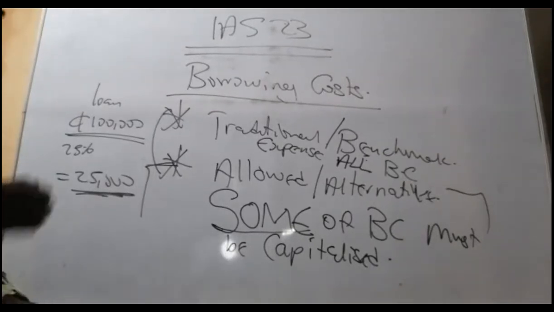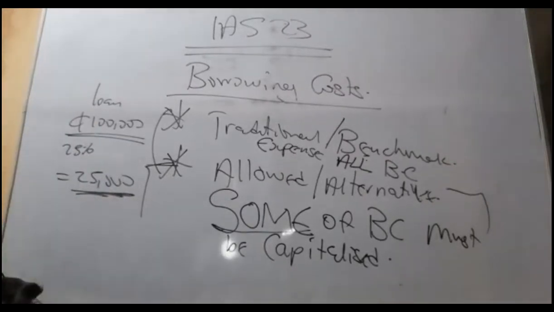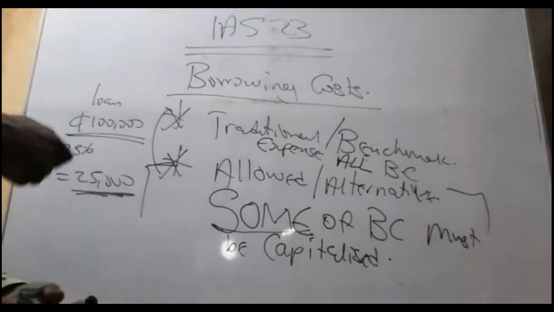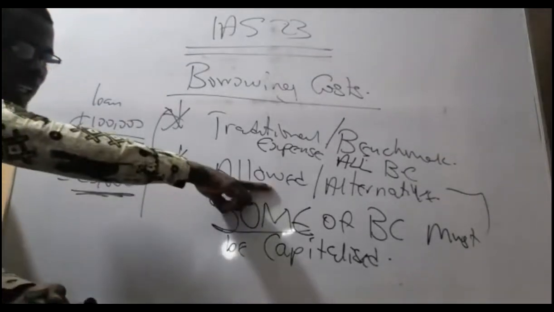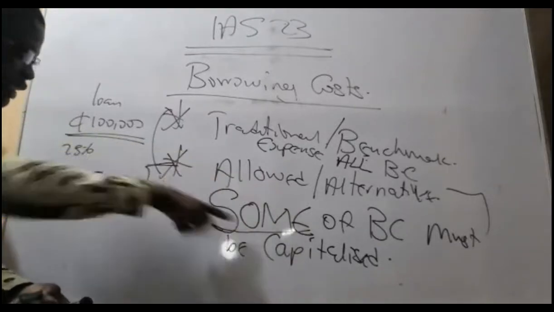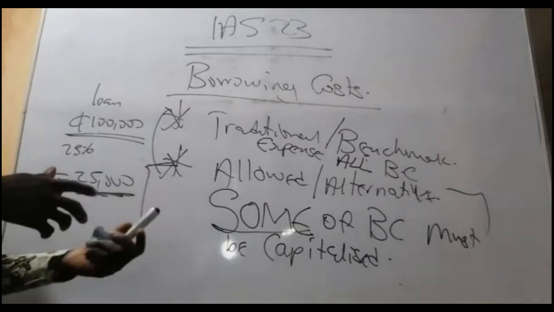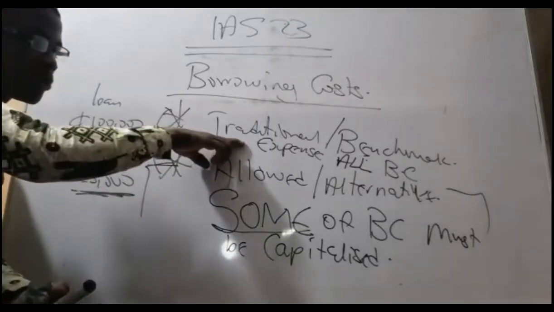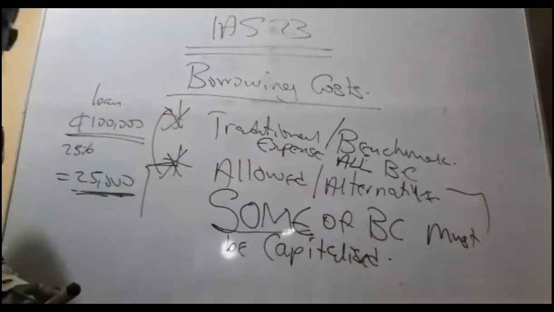You picked a loan of 100,000 to go and construct a qualifying asset, and you paid interest on that loan of 25,000. So the allowed version is saying that this interest must be what? Capitalized. But the benchmark treatment, traditionally, it must be expensed.